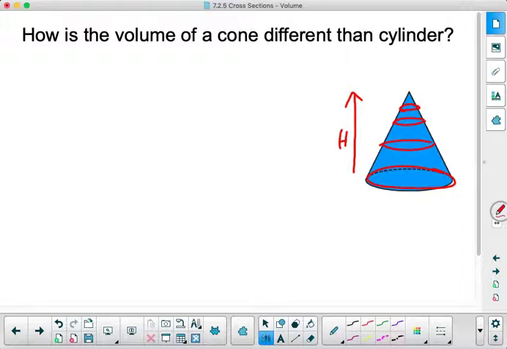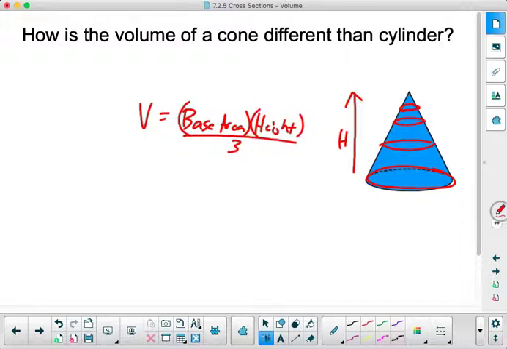And in geometry, we learned that it's that base area times height, but then we end up dividing it by 3 is the general formula for it, because you have this changing circle piece as it moves up, and it just so happens to end up working out to be 1/3 times whatever the area of the base is times the height.